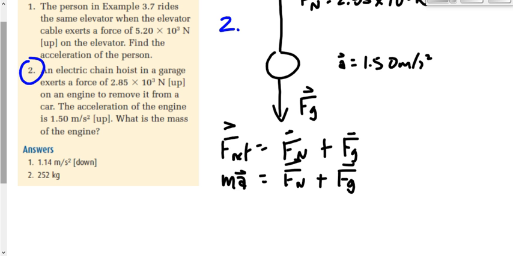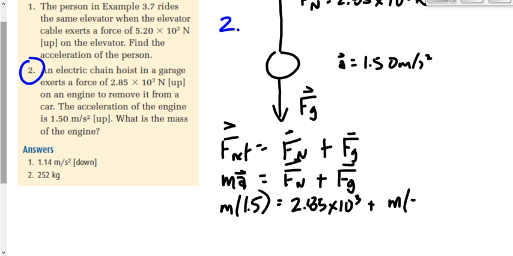Okay, we go to sub in numbers. Everybody can sub in numbers. We don't know what mass is, but we do know what acceleration is. It's 1.5. The normal force, we know what it is. It's 2.85 times 10 to the 3, and it's upwards. And then the force of gravity is, well, what is it? m times g, m times 9.81. Now, that force of gravity is negative because it's acting downwards.